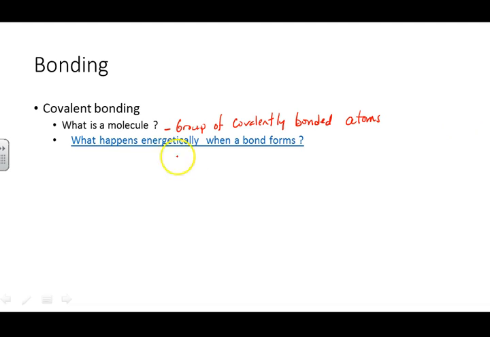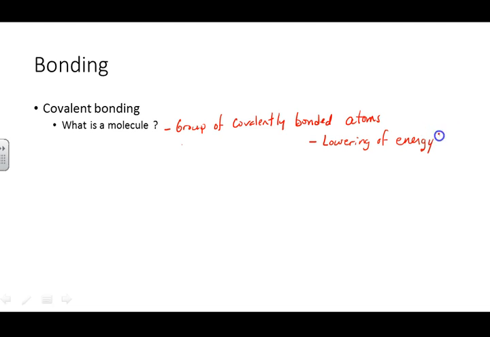Well, what happens energetically is that we have a lowering of energy. That doesn't matter if it's ionic or covalent, but covalent does result in a lowering of energy and an increase in stability.